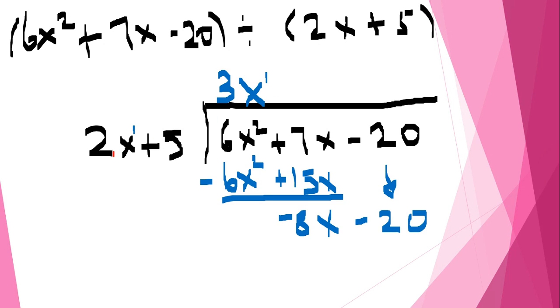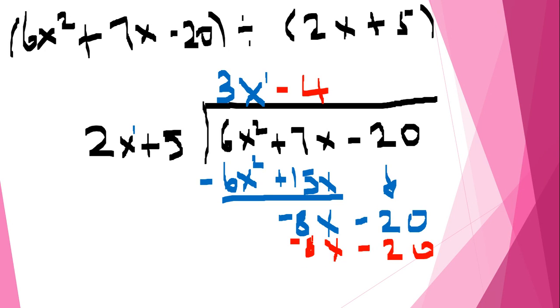If I multiply that number with 2x, I'll get minus 8x. So I would take negative 4. Negative 4 times 2x will give me negative 8x. And then again, I'll distribute that to the 5 as well. Negative 4 times 5 will give me negative 20.